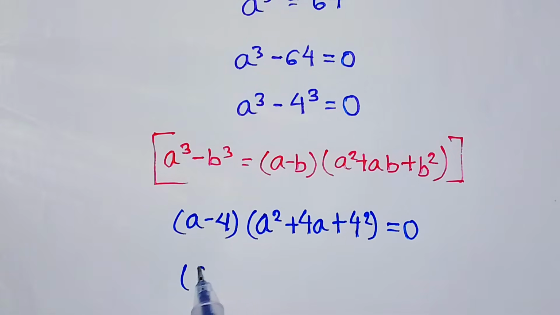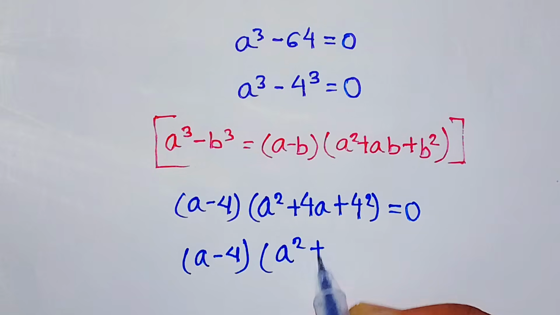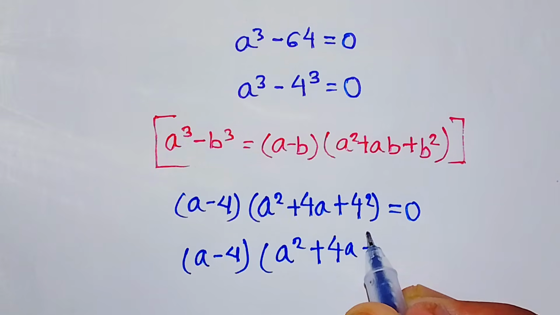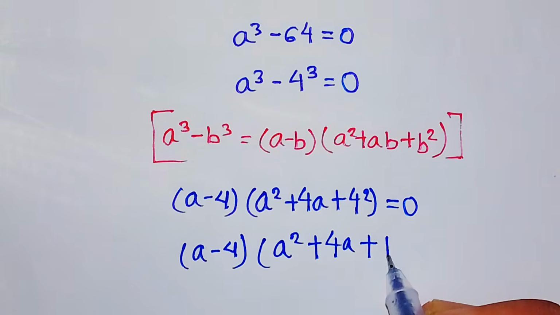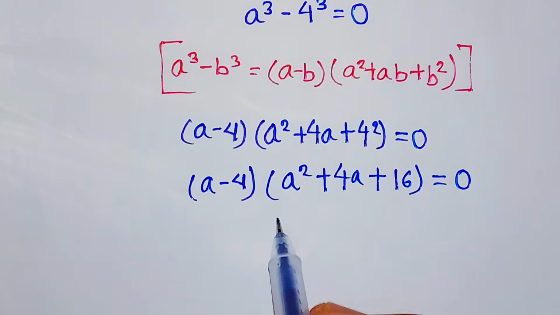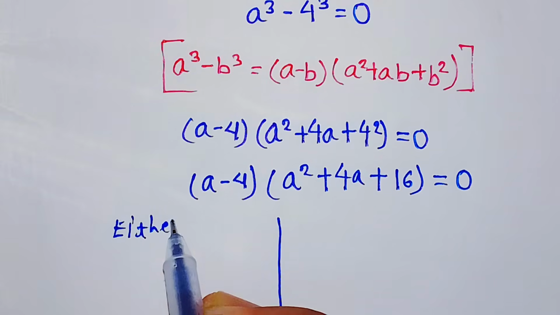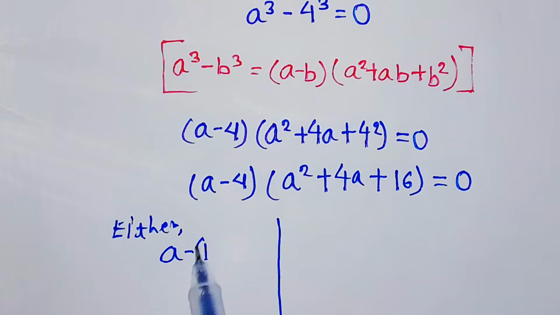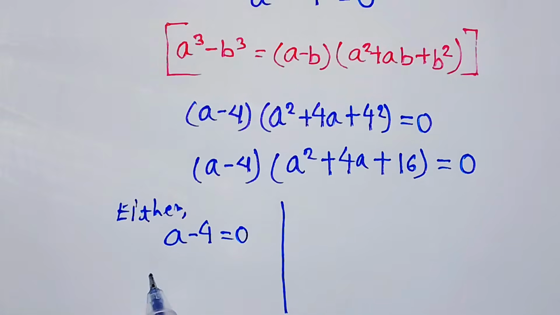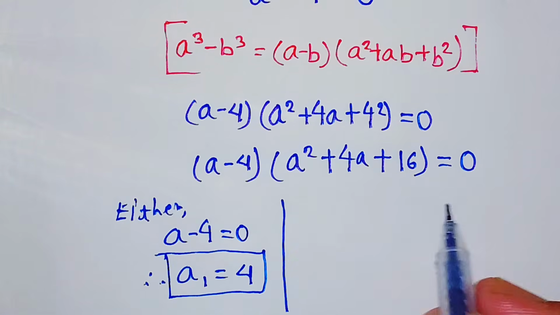So after that we'll get a minus 4 bracket a square plus 4a plus 4 square bracket equals 0. So from here we'll get either a minus 4 equals 0. So easily we can get a equation a equal 4. This is answer number 1.